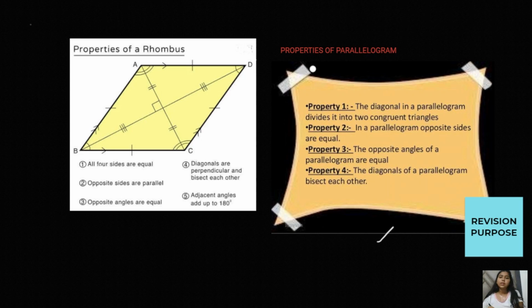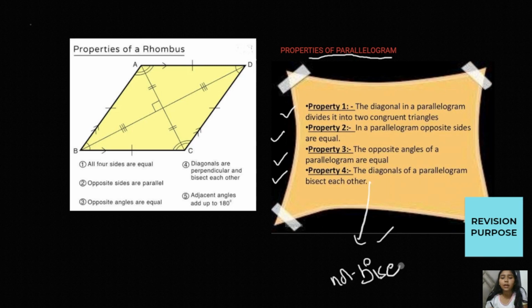Now these are the properties of the parallelogram. In a parallelogram, the diagonal divides it into two congruent triangles, opposite sides are equal, opposite sides are parallel, opposite angles are equal, and diagonals bisect each other. Here they do not bisect at right angles. They just bisect each other.